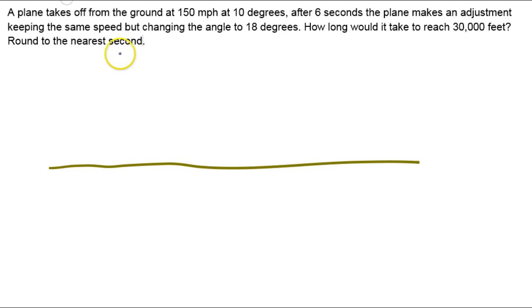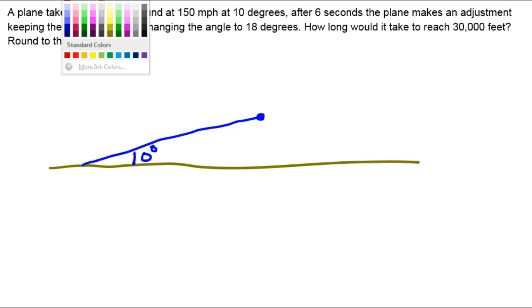Okay. Plane takes off from the ground at a 10-degree angle. So fine. The plane takes off at a 10-degree angle. And it gets to, let's say, this point right here. And so this is 10 degrees. And then it makes an adjustment, and it keeps flying at the same speed, but it changes to an 18-degree angle.